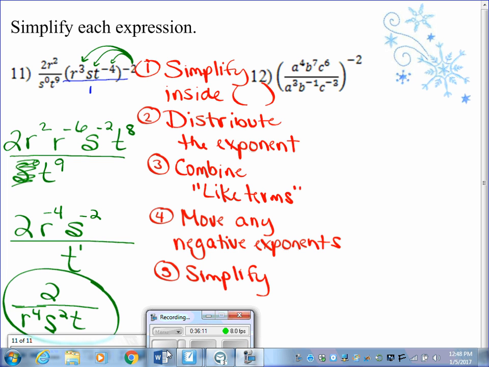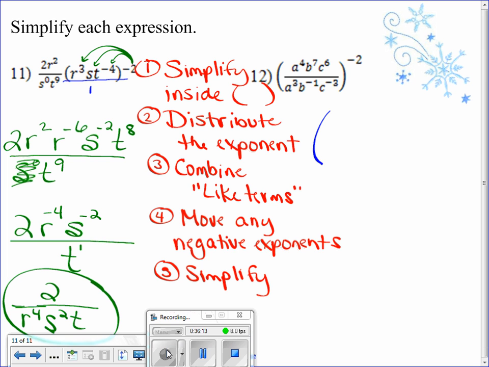So inside my parentheses, I have a's. 4 minus 3 is 1, so it's a to the first. My b's, 7 minus negative 1 is actually 8, so b to the 8th. And then my c's, 6 minus negative 3 is 9.